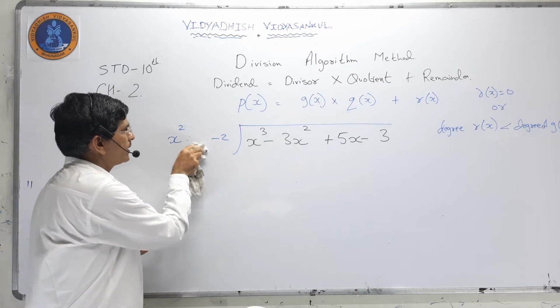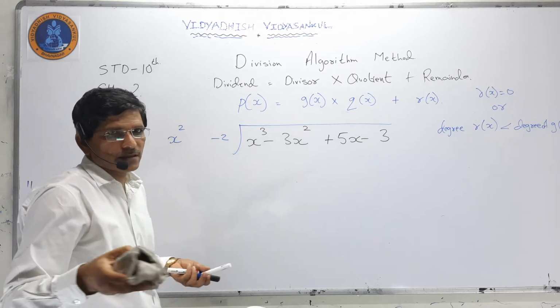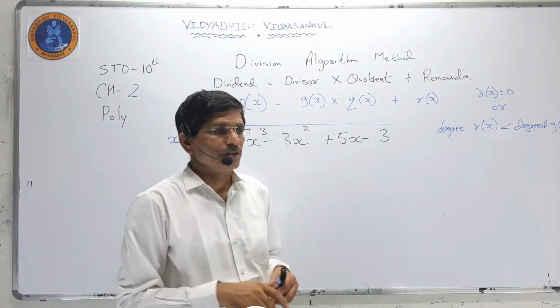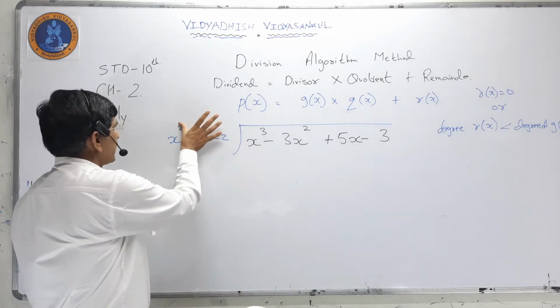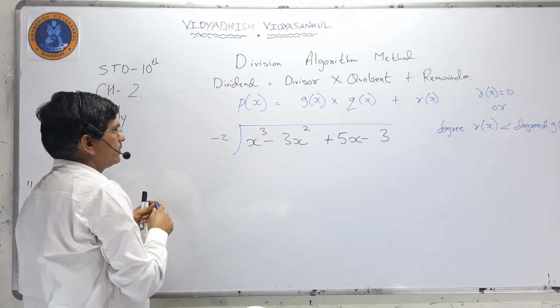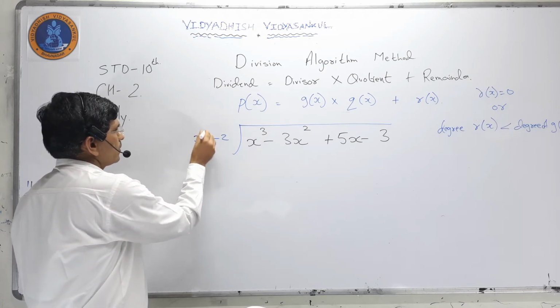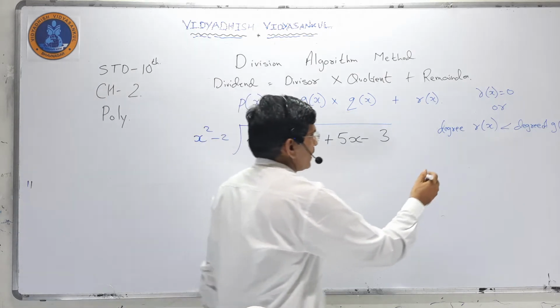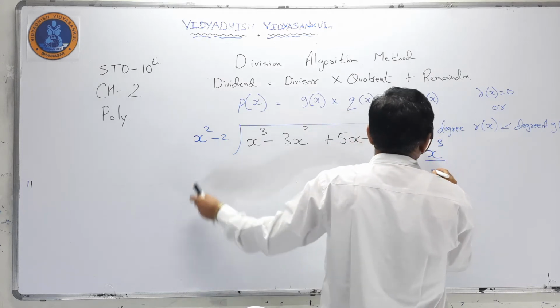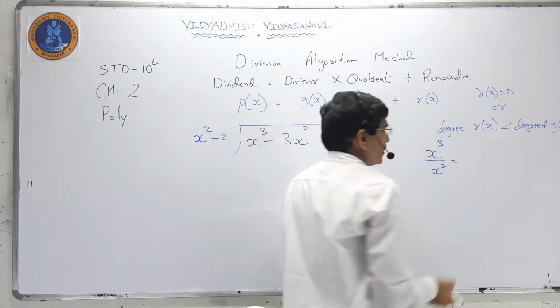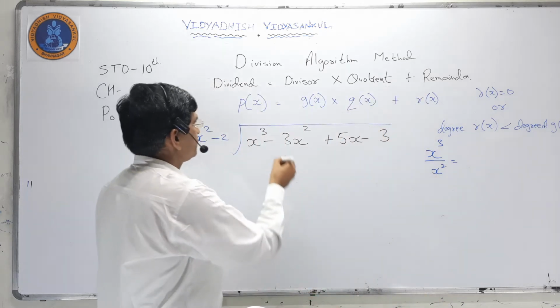If we do it directly, we get the same answer. The answer cannot change. So again x the power 3 divided by x square, so I have to write x.